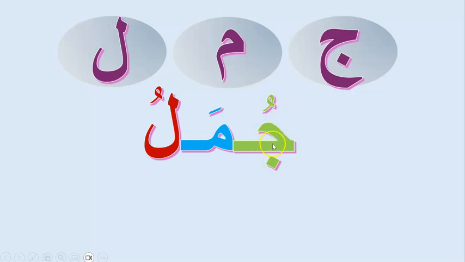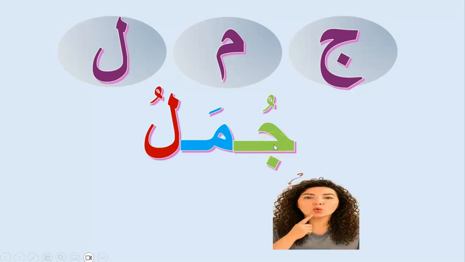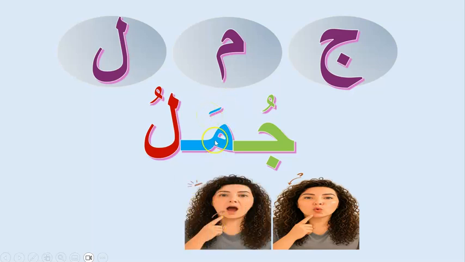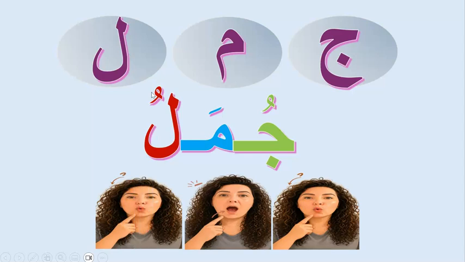Damma, how we read it with J. Ju. How we read it with Fatha? Ma. And this is letter L. How we read it with Damma? Lu. Ju, ma, lu. Jumalu. This is a word.